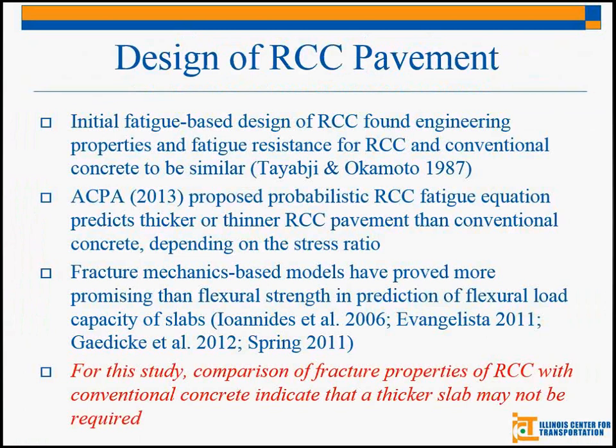The main idea from those fracture properties is that if we have similar engineering properties to our conventional paving concrete, then there shouldn't be any reason why we should need a thicker concrete. That's the main thing here: do we need a thicker RCC pavement than conventional PCC? Because then it's not going to be as sustainable, and there's not really much purpose in trying to use it.